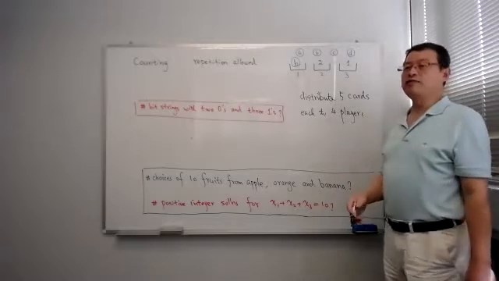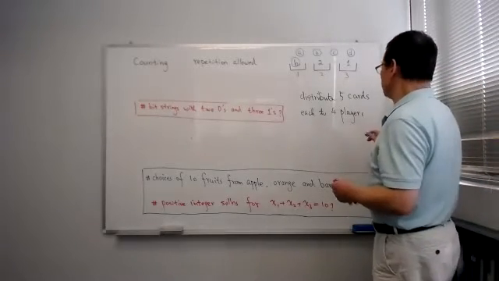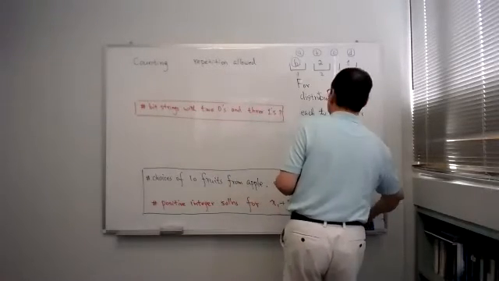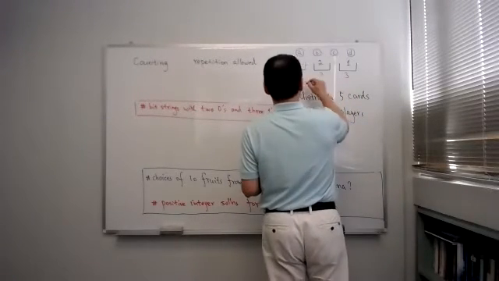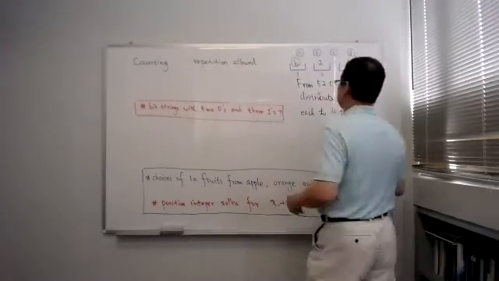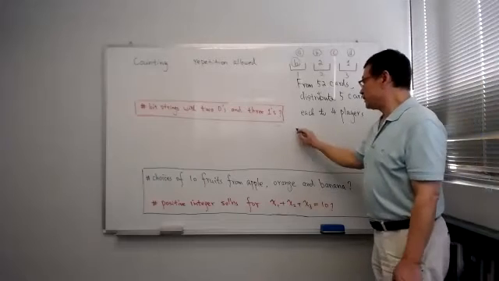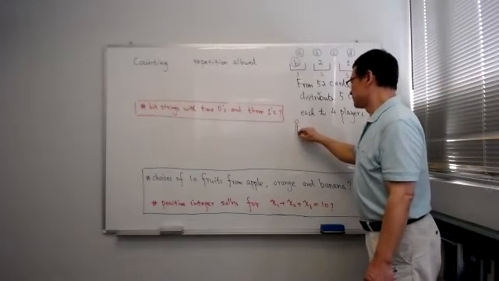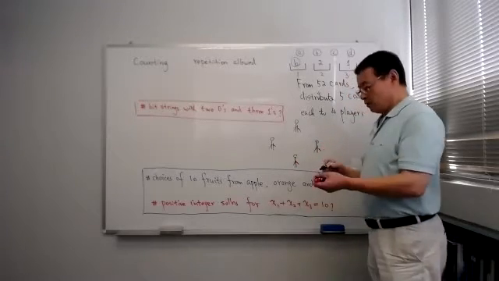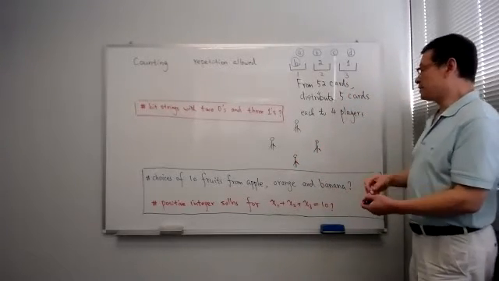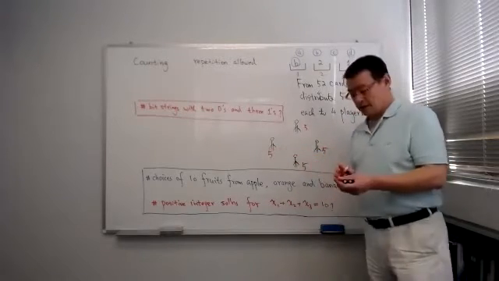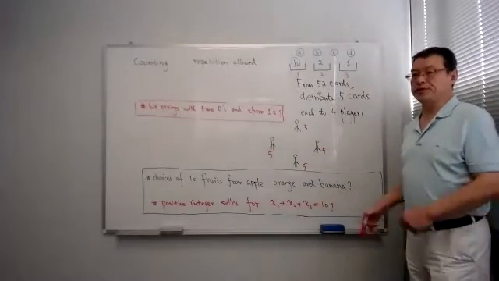We have a deck of 52 cards, so there are 4 players present. It's a round. We want to distribute 5 cards to each of them. We want to know the total number of different ways to do this.